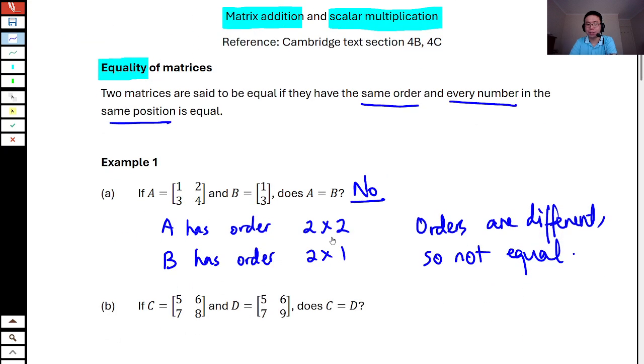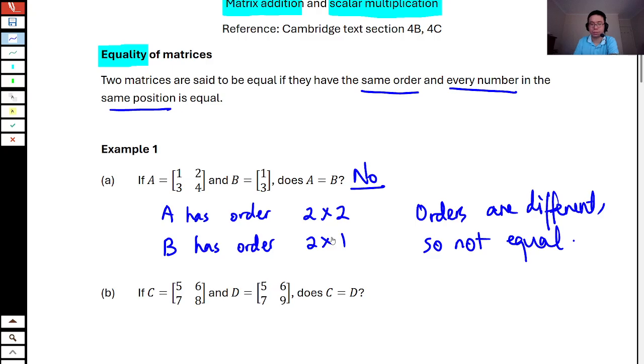All right, for the second one, I have the matrix 5, 6, 7, 8 for C and 5, 6, 7, 9 for D. Question is, does C equal D? And the feature that I want you to notice here is that the numbers 8 and 9 are not the same. So the way I could write this mathematically is I could say C22 equals 8 and D22 equals 9.